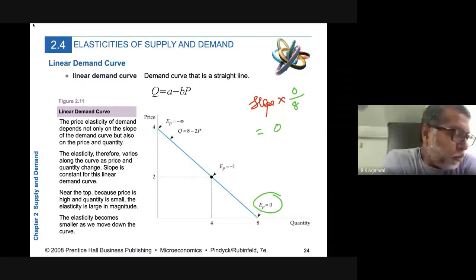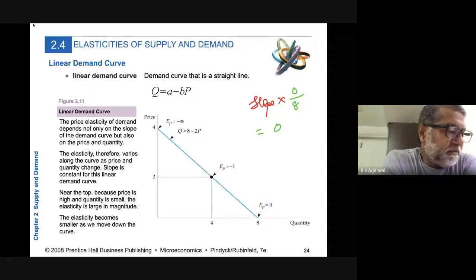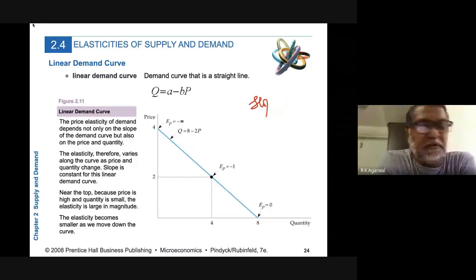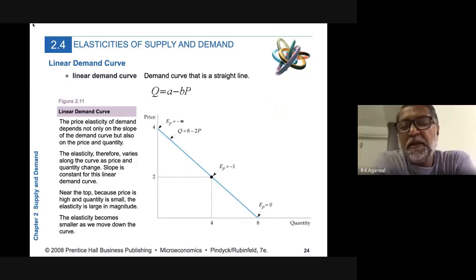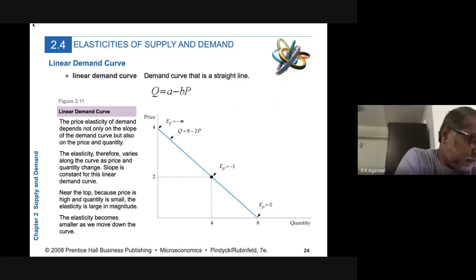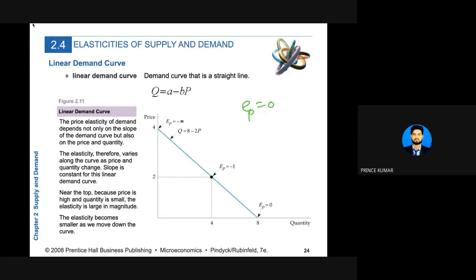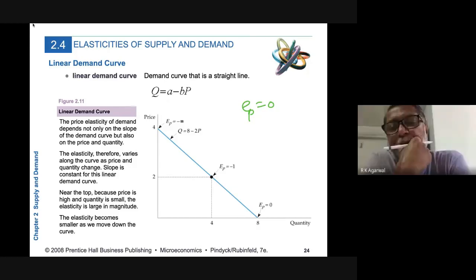Now, one thing you should be very clear about is what 0 elasticity means. If elasticity is 0, what does this mean? Even if price changes, the quantity demanded does not change.